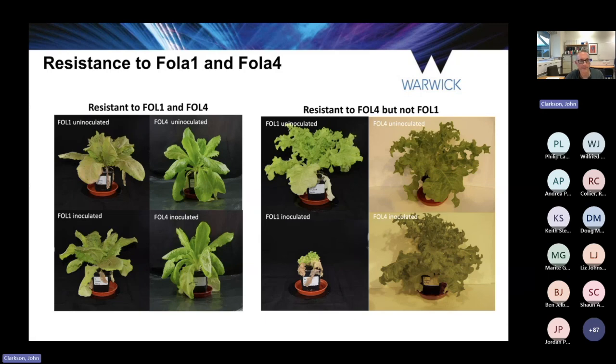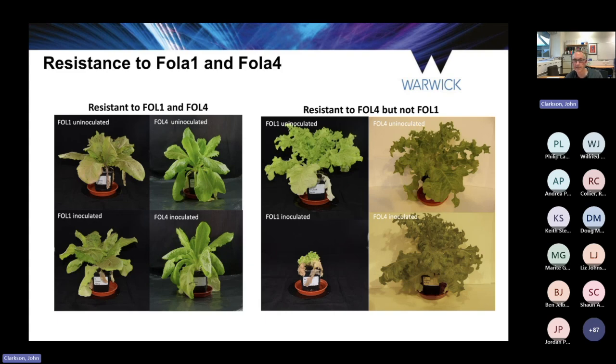And finally, just some photos to show you the nature of this resistance. On the left-hand side, here we've got exemplars where we have uninoculated plants for race 1 and race 4, and their corresponding resistance counterpart. So basically in an inoculated system, we see a pretty much identical phenotype in terms of resistance compared to the uninoculated.